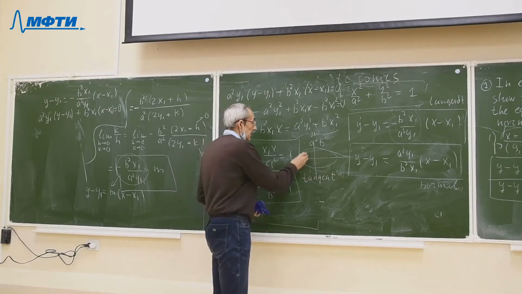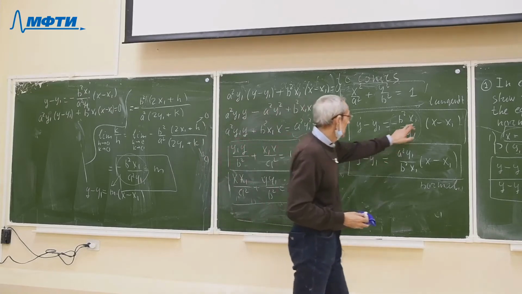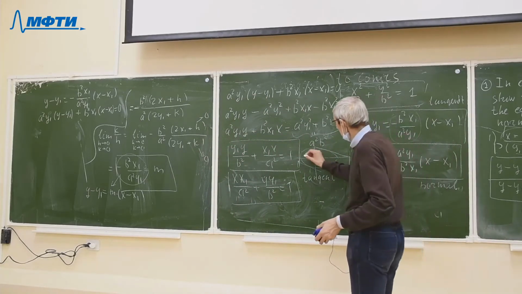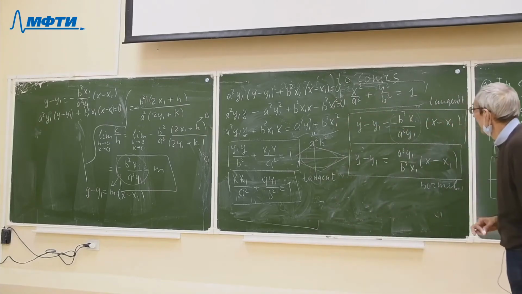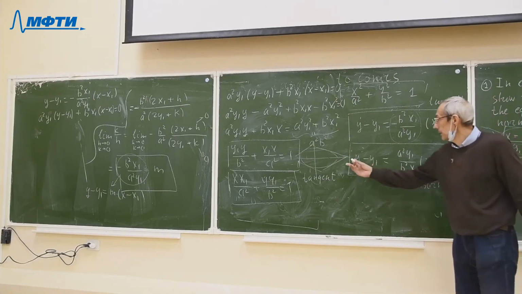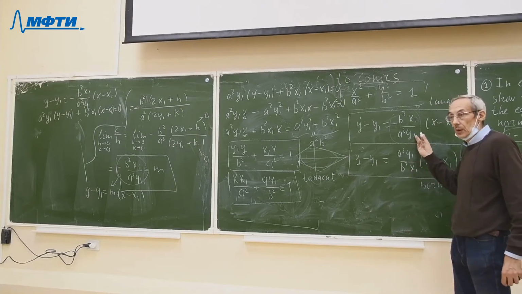But if we have the opposite signs of x and y, the slope is positive in two cases. And this observation agrees with our formula.